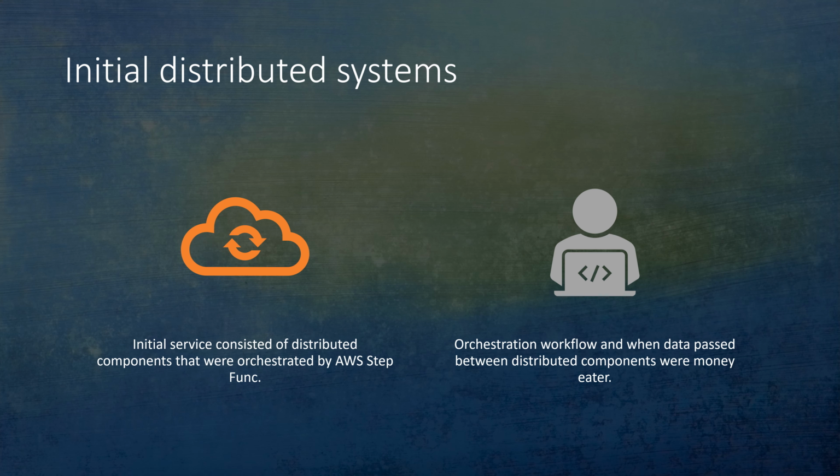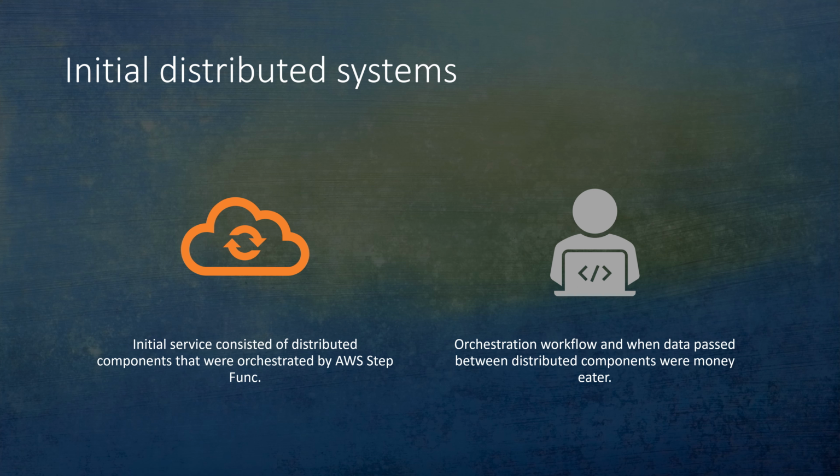So the initial version of their service consisted of distributed components that were orchestrated by AWS Step Functions. The two most expensive operations in terms of cost were the orchestration workflow and when data passed between distributed components.